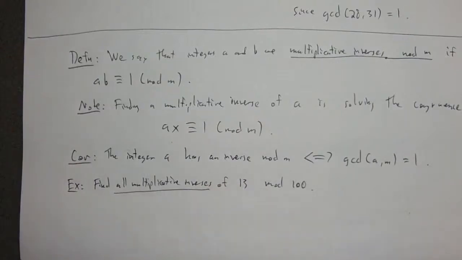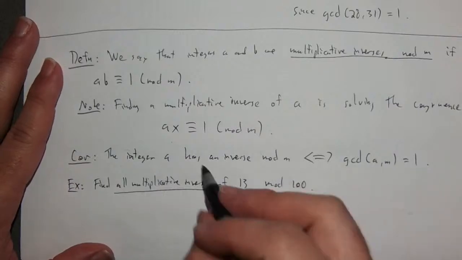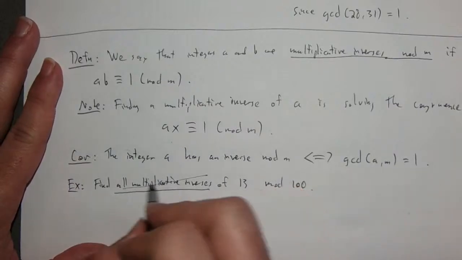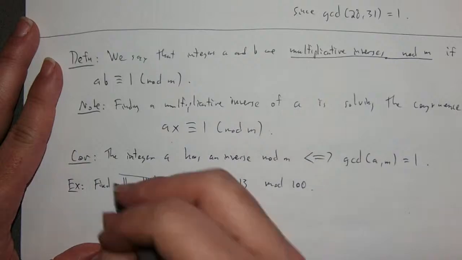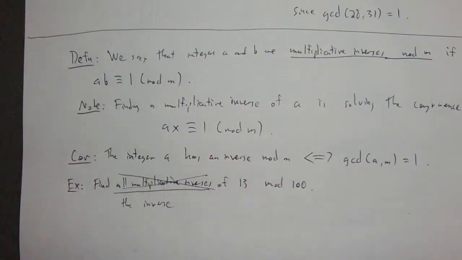But of course, by this previous corollary, how many of them are there? Well, 1, right? If the GCD is 1, there's always guaranteed to be a single unique one mod 100 in this case. So this all multiplicative inverses is the inverse of 13 mod 100.